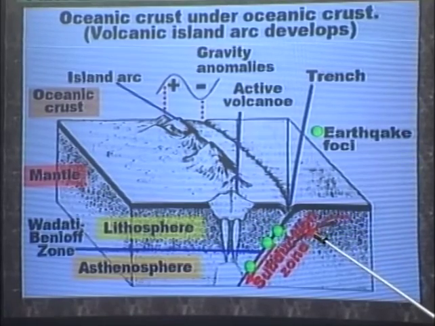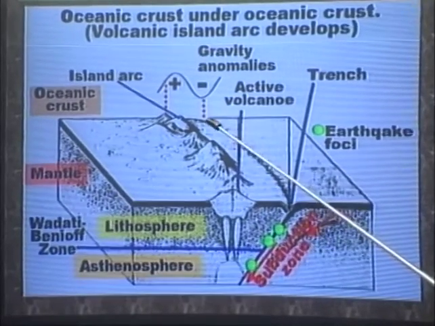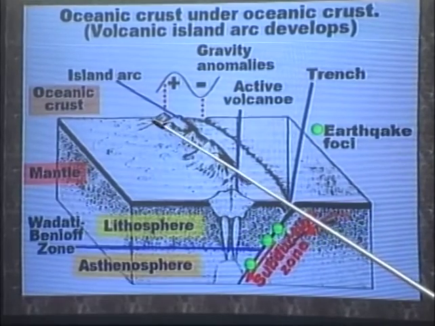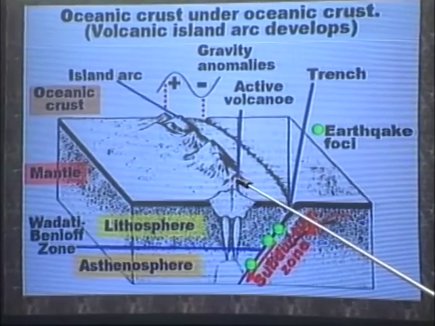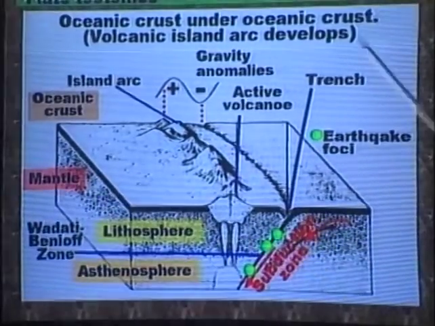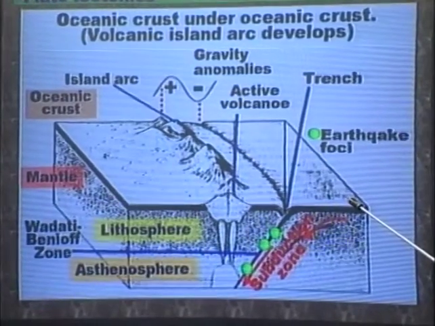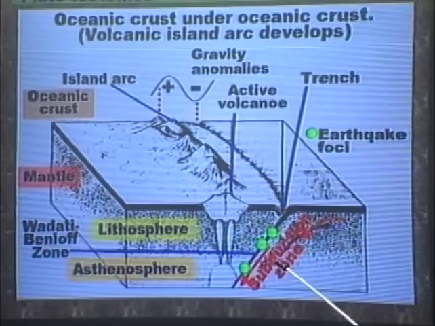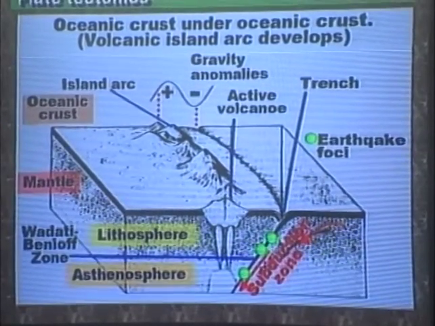Where they meet, a trench is actually formed, this area here, and at the same time, you can have volcanic islands or arcs being formed. And here we are looking at an oceanic plate meeting with another oceanic plate. Again, the movement is still that of convergence, moving together.